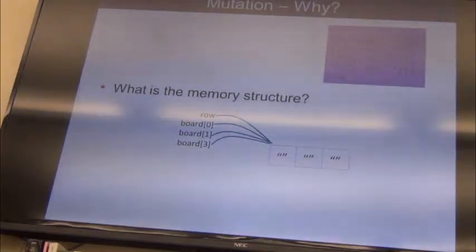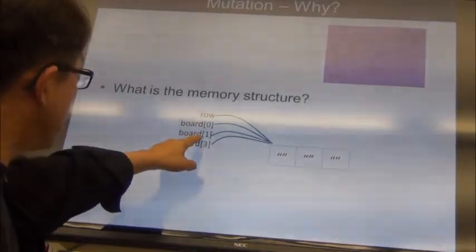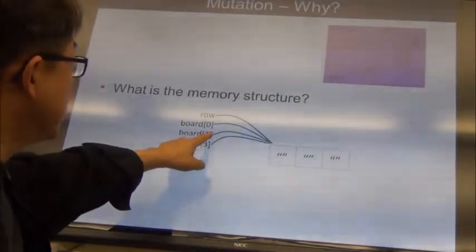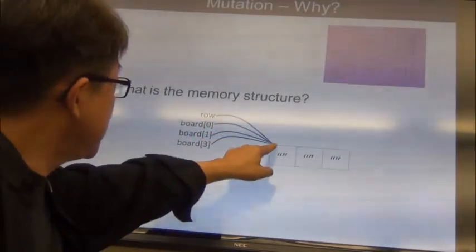What do they want? Memory structure is like that. So board 0, board 1, board 3. So if I say 1 and 2, then it refers here.